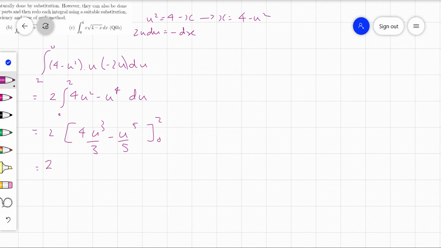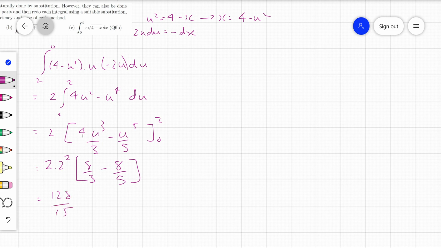So 2, if I take out a u squared, I'm timesing it by 2 squared, then what's left is 4u, so 4 2's 8 on 3. I've taken out a u squared, so I've only got u cubed left, so 8 again on 5. All right, I hope I've done that right. So again, you could just use your calculator here. You'll end up getting 128 on 15.